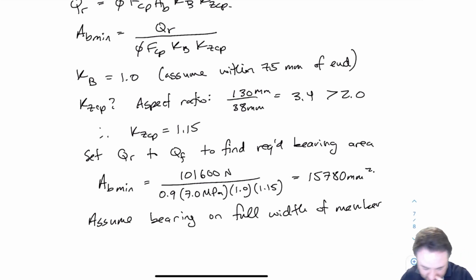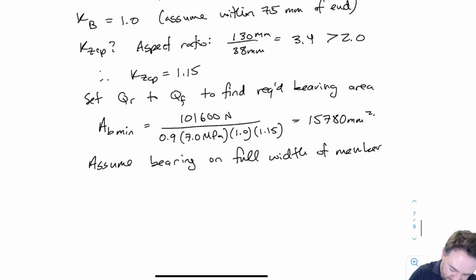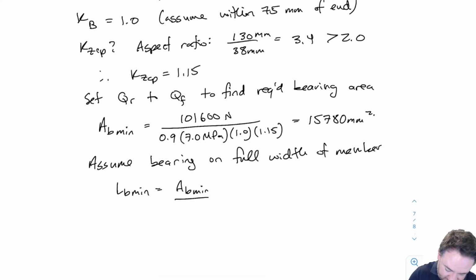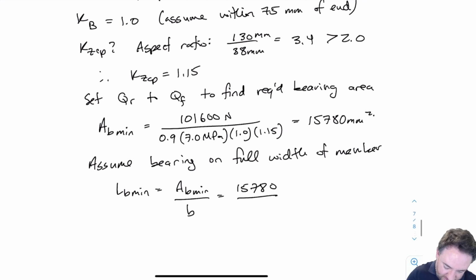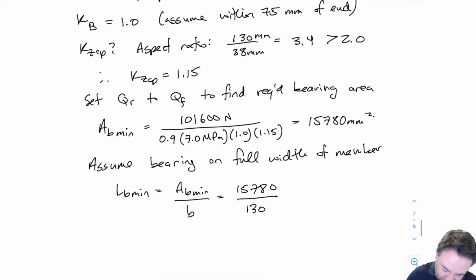So if I'm trying to calculate my bearing length, LB min, then I'm going to have my AB min divided by my B of my member, which is 15,780 divided by 130.